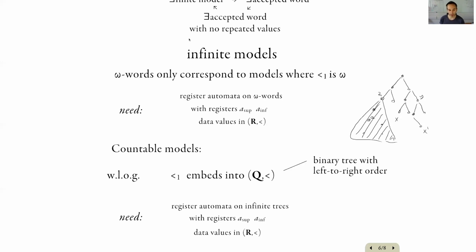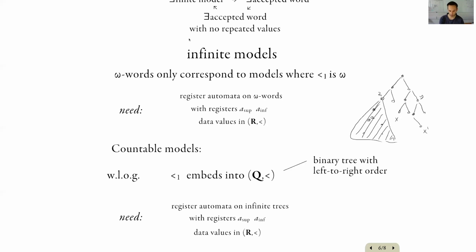So this is roughly the automaton model that we need. And using this automaton model, we can proceed with the same reduction as sketched earlier to reduce the problem of satisfiability of the two-variable logic with two linear orders to the emptiness problem of these automata.